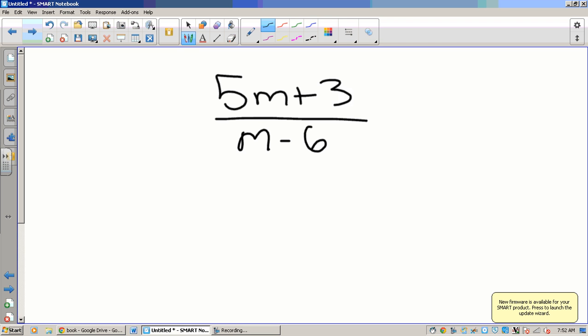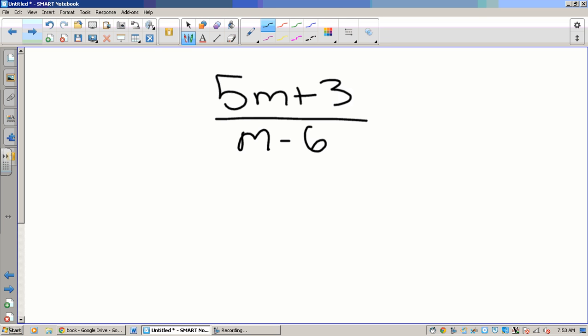When we are asked to state one excluded value, we're trying to think of something that would make this expression not true. Is there any value in the world that you could think of that would make this not true? When I say the value, it would have to be for m.